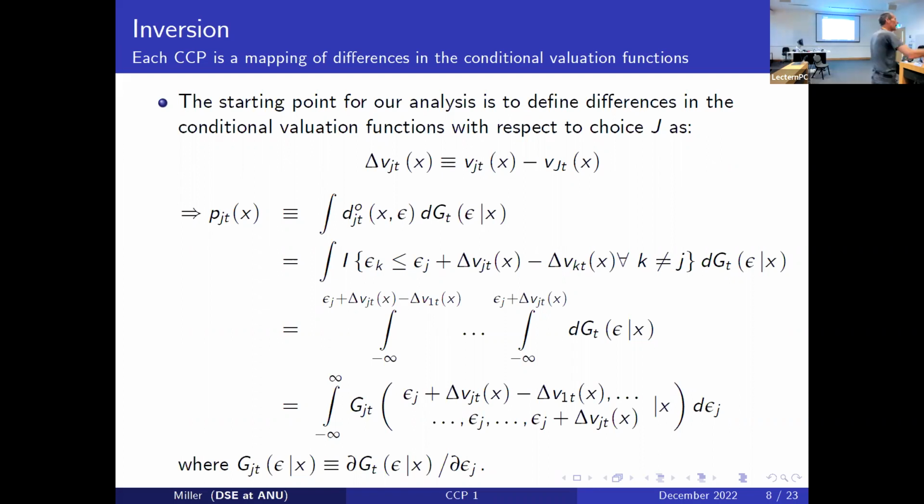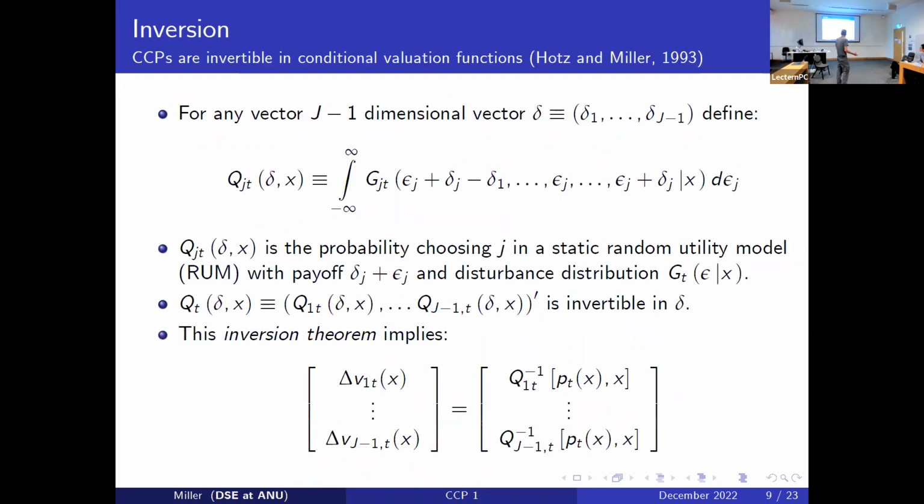In other words, a static random utility model. All right? So here we have our static random utility model, where the payoffs are delta j plus epsilon j for the jth alternative. Just going back to McFadden, all right? And we're defining Q_jt's that way.